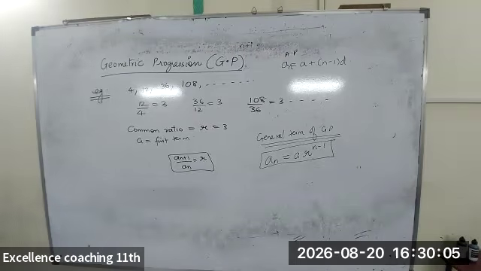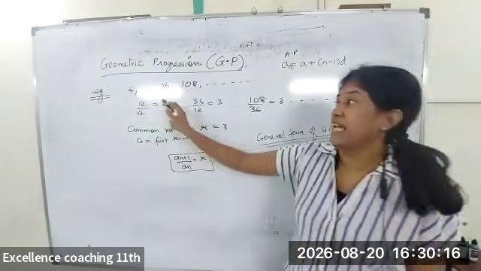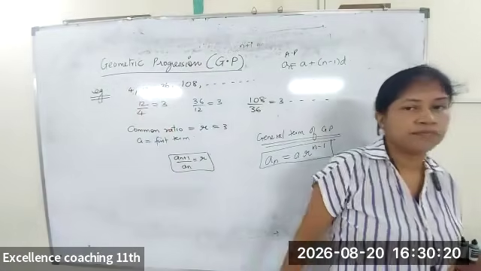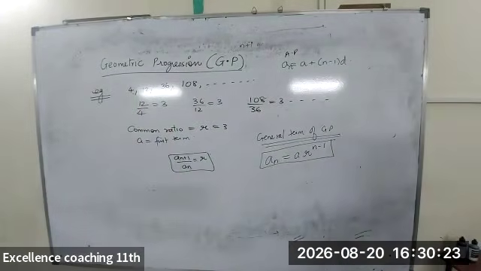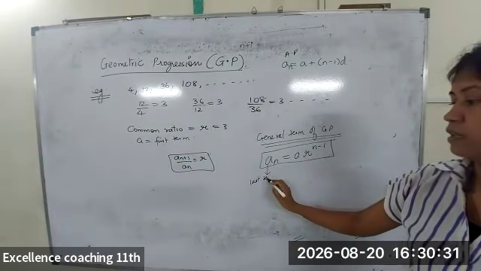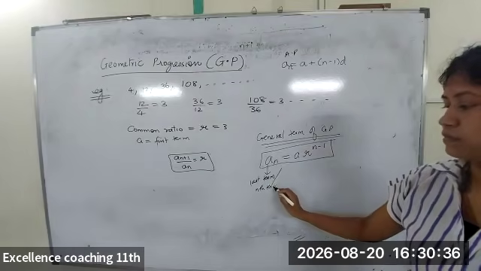Right, geometric progression. You can write this example and then write it. Always second number upon first number. If you do first upon second, it will be wrong. So write these details. This is the last term or general term, the nth term.